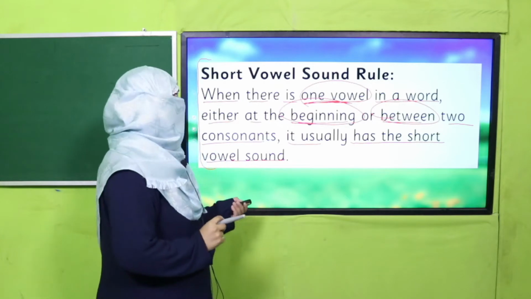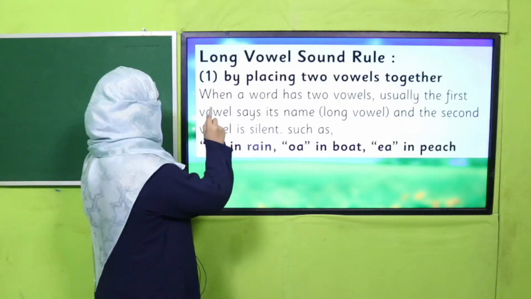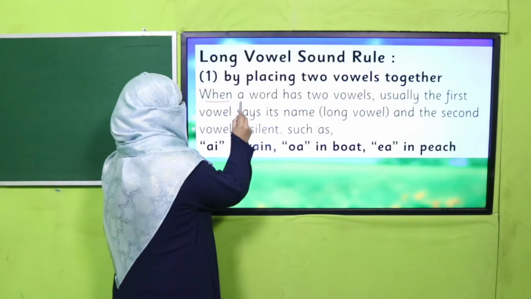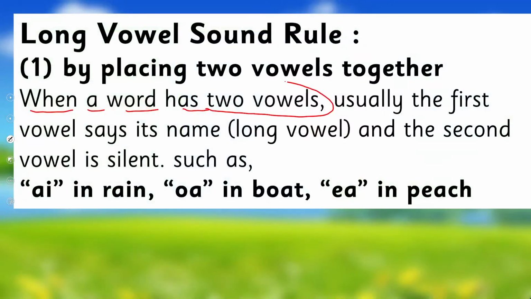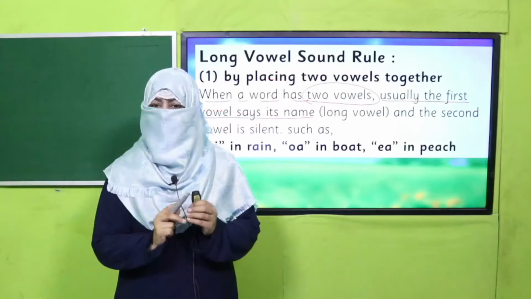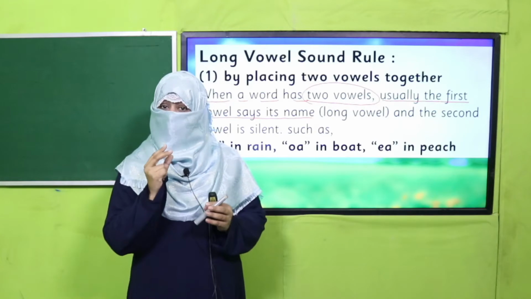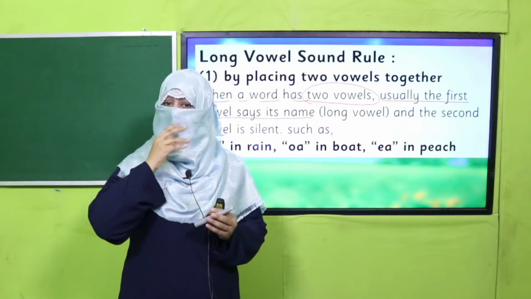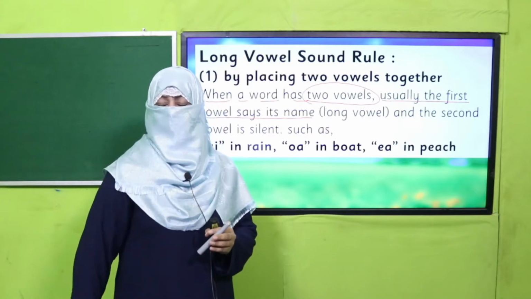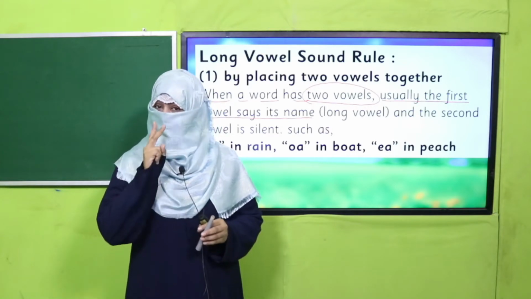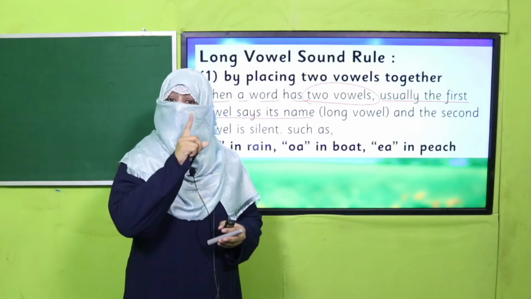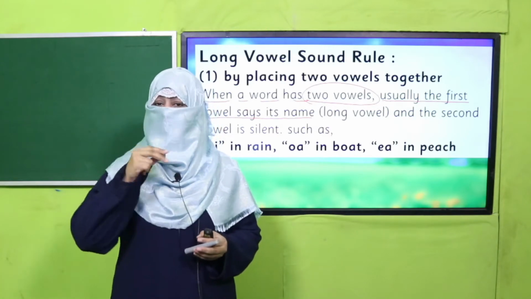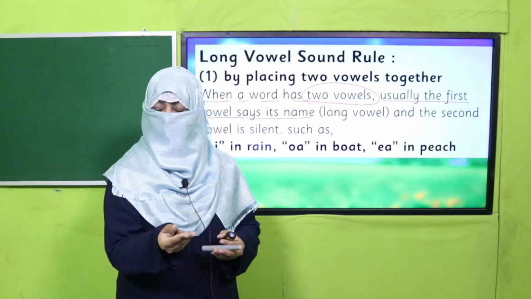And when it's long, we have learned two principles. One, when a word has two vowels, usually the first vowel says its name. So we memorize it like that. When two vowels are walking, the first does the talking and says its name. What? When two vowels are walking, the first does the talking and says its name, right?